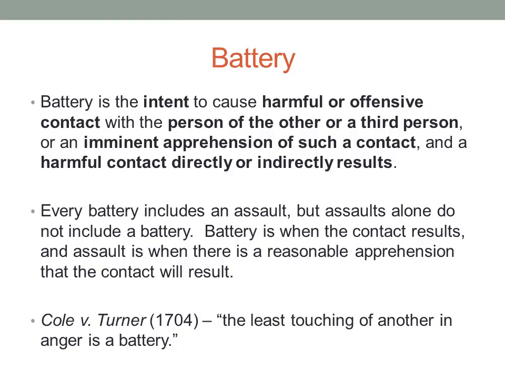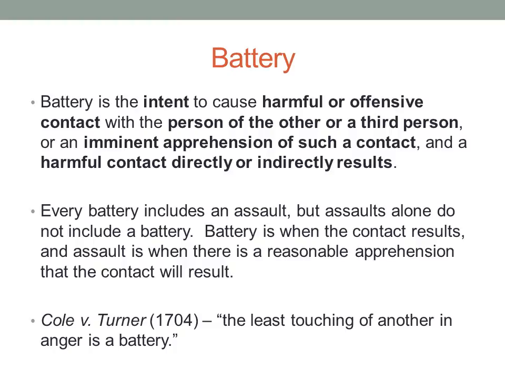So battery has a number of key factors here. You have to have intent, there has to be harmful or offensive contact, it has to be with a person, and there has to be an imminent apprehension of such a contact, and harmful contact directly or indirectly results.